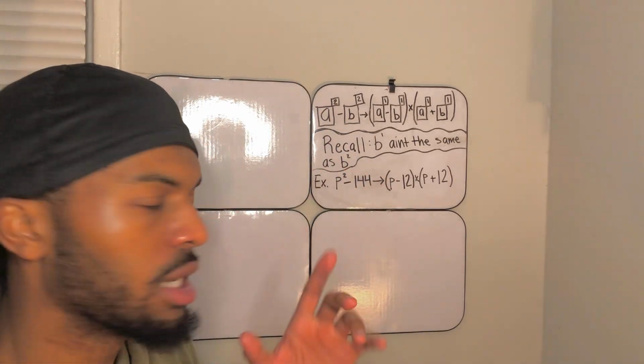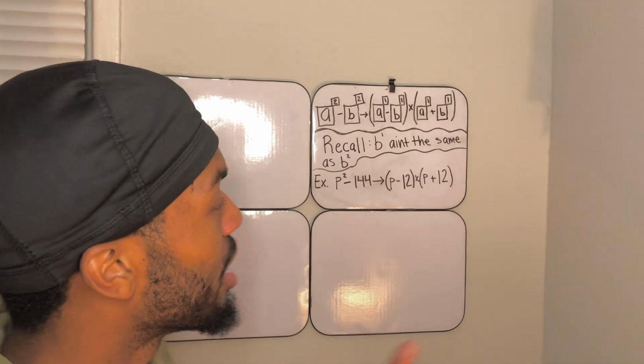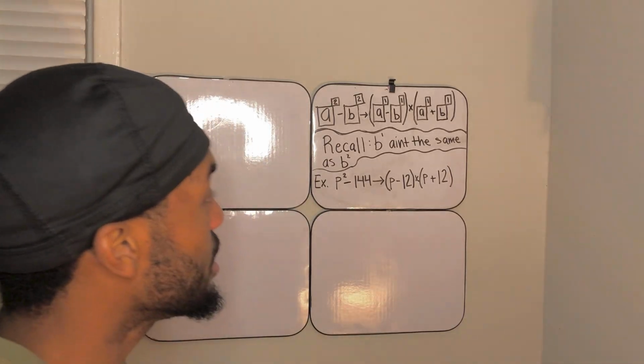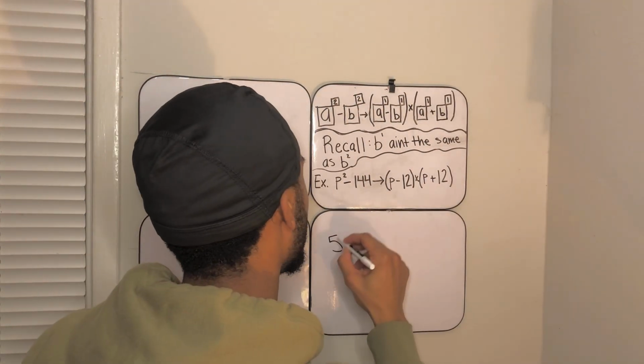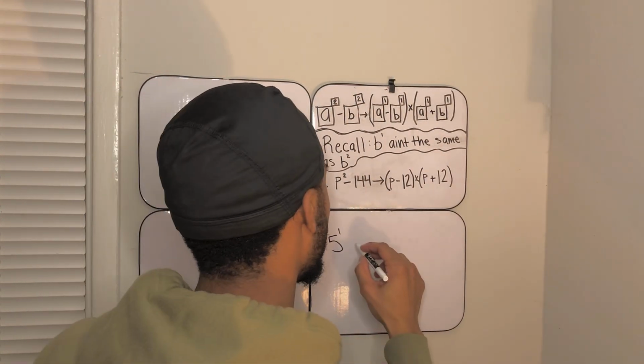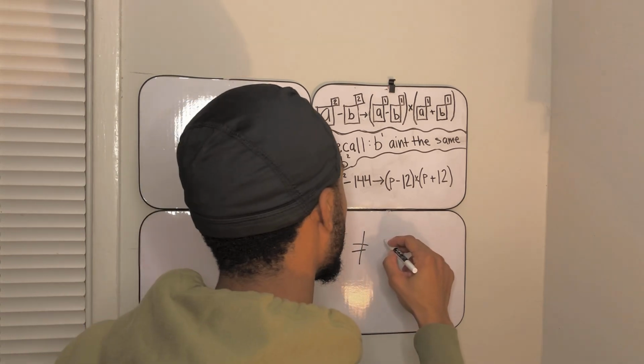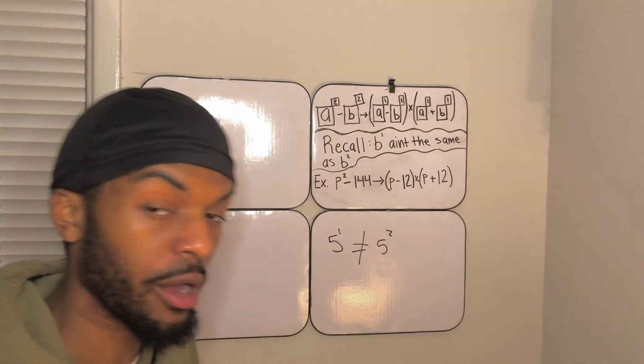The second thing I want to emphasize is this: something to the first power is not the same as that same thing to the second power. Those are not the same. For example, 5 to the first power is not equal to 5 squared.